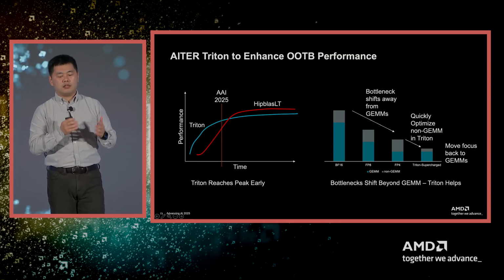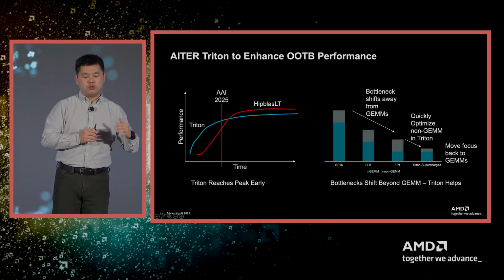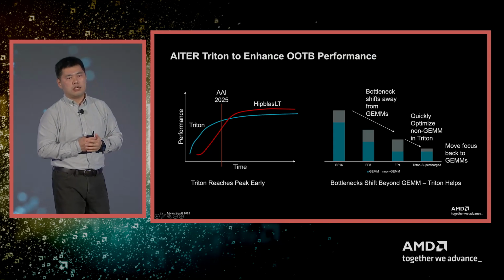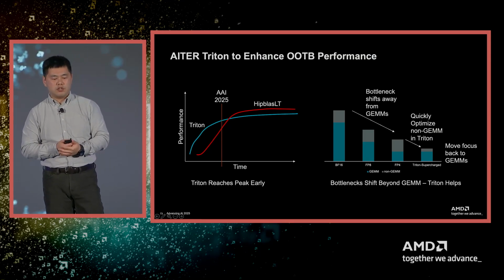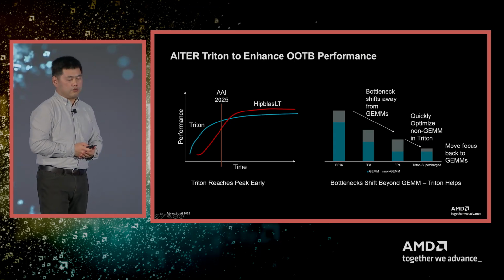That way, if you look at the rightmost side, we were able to greatly reduce the time cost for the non-GEMM kernels and shift the focus back to GEMM. And then we can apply further optimization and get the final performance we would like to see.